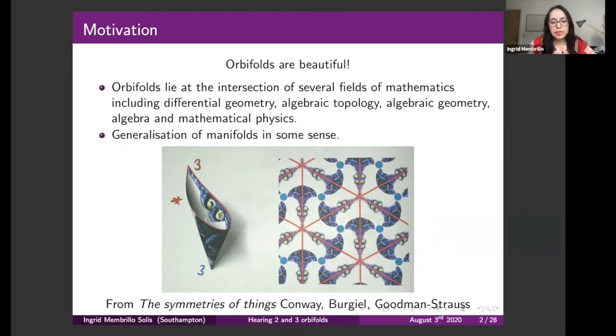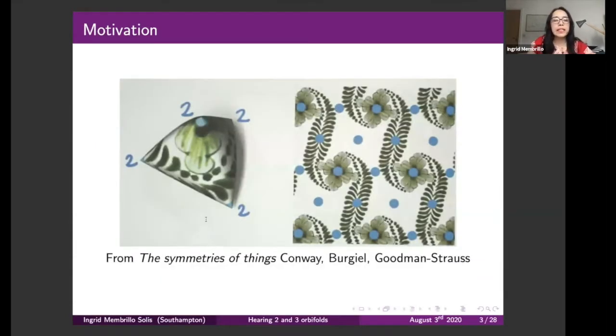So this is, of course, an example. I just want to show some other examples of the things that we can find for orbifolds. Again, we have another beautiful wallpaper. In this case, at these blue points, we have the symmetries acting on this wallpaper. At each of these points, the group C2 acts just by rotations.